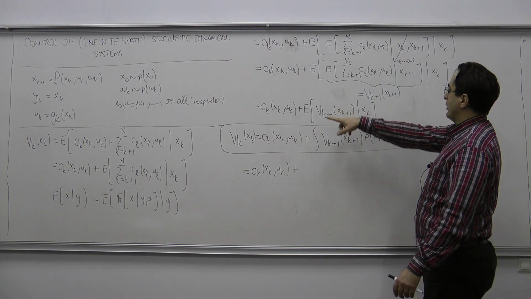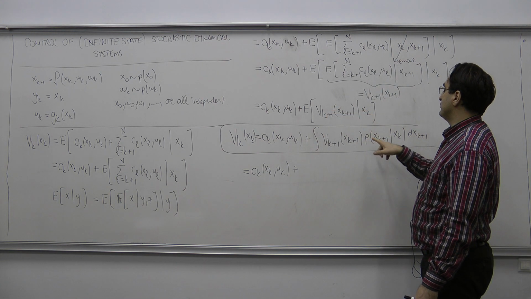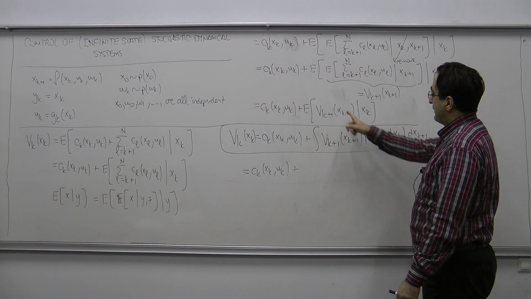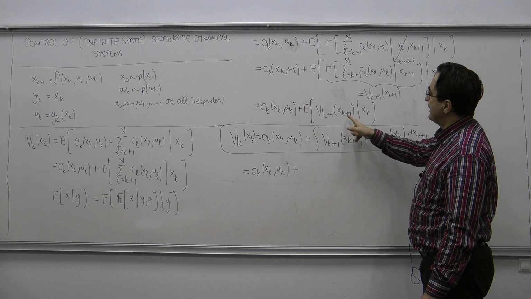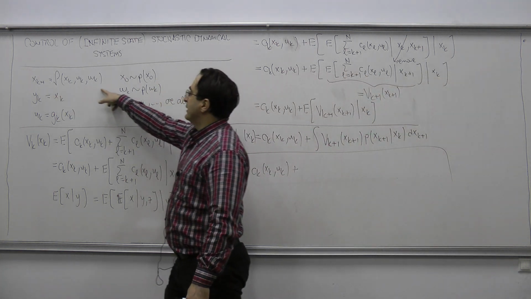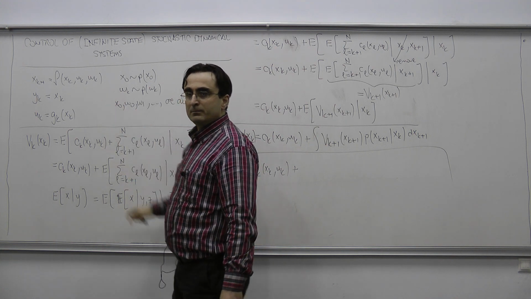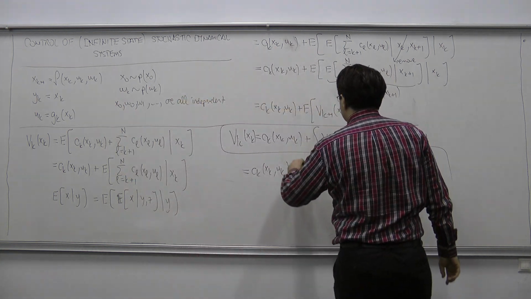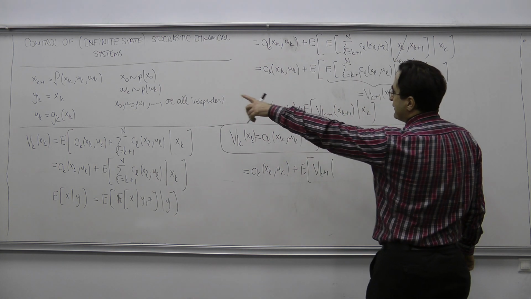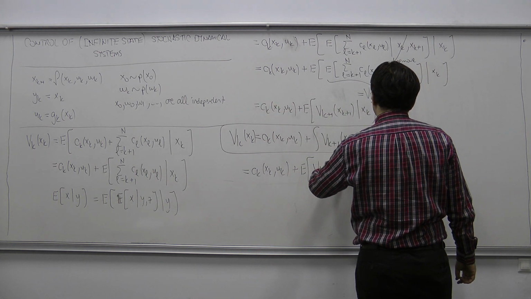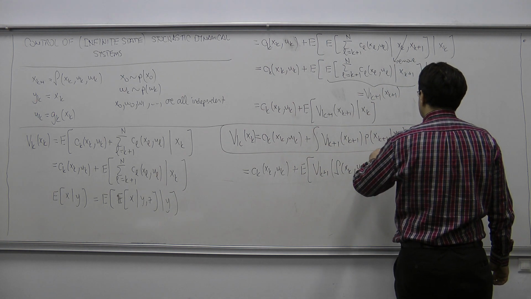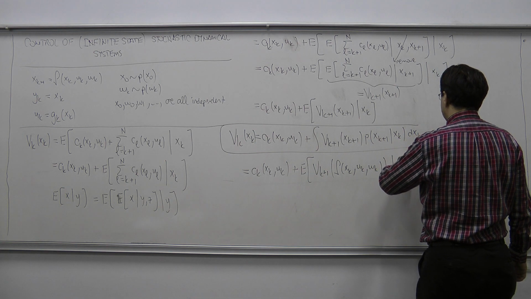So after this point, in the case of finite state Markov chains, I need to use this. There is no other choice. But here I have a choice, and that choice is to replace x_{k+1} with its formula coming from the dynamical system. So that is equal to the expected value of v_{k+1}, and instead of x_{k+1}, I write f(x_k, u_k, w_k), given x_k.